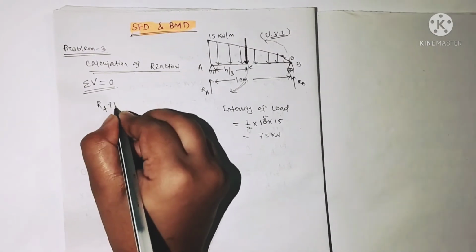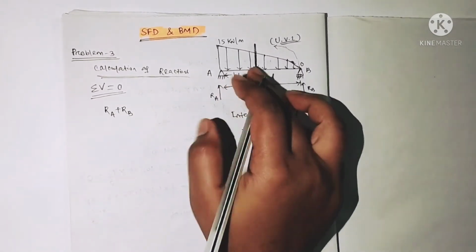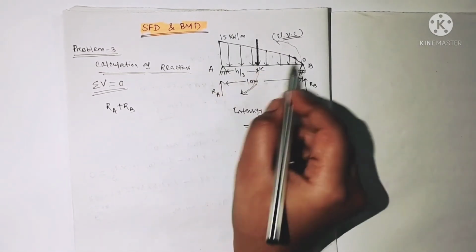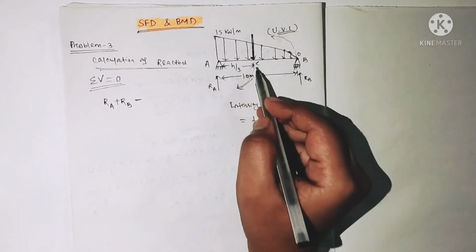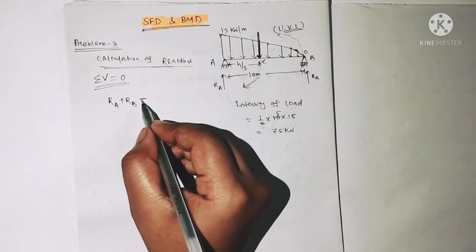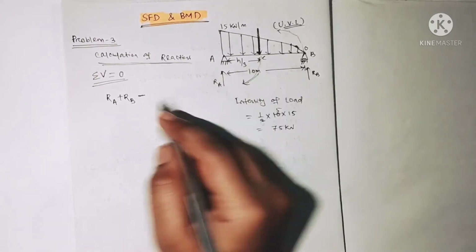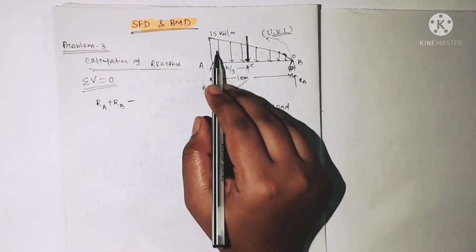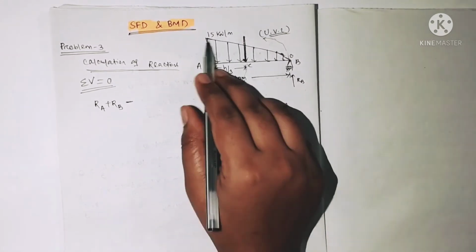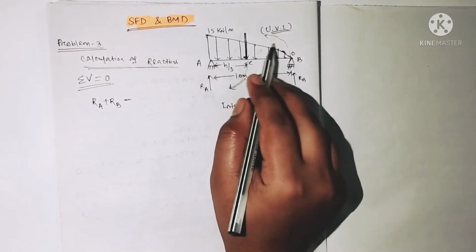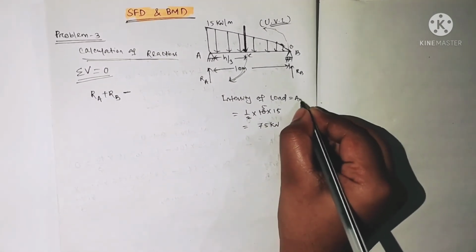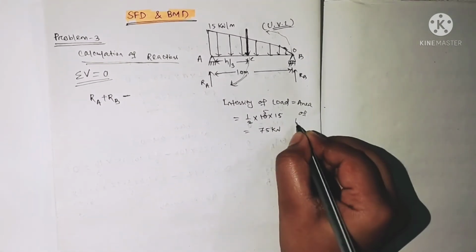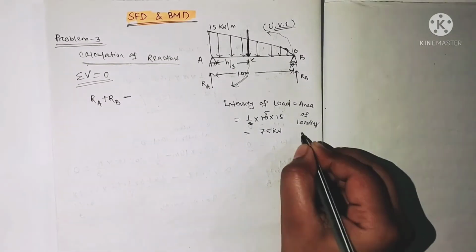Upward force is Ra plus Rb and the downward force is this 15 kilonewton per meter UVL. So that is minus, as it is a downward force, so we take it negative. Minus into the area of the loading diagram, as it is a UVL, intensity of load equal to area of loading diagram.